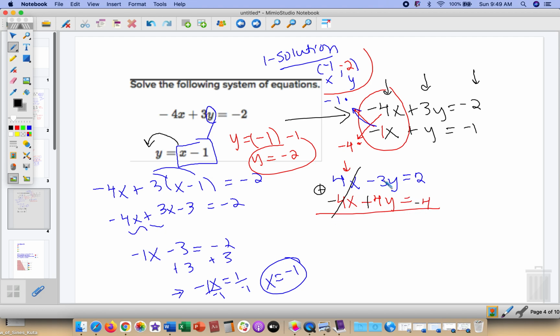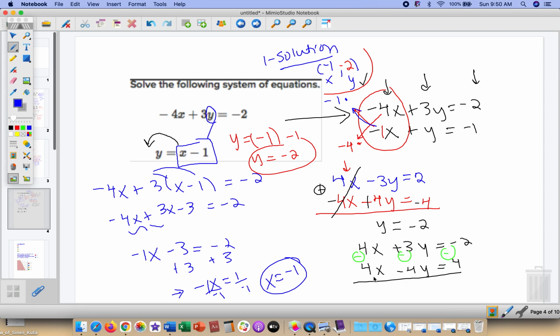So 4x minus 4x is gone. Negative 3y plus 4y is y. 2 minus 4 is negative 2. And that's what we got over here for the y coordinate. Or, if it was set up as 4x plus 3y equals negative 2 on top, and on bottom 4x minus 4y is equal to positive 4, and you chose to subtract to eliminate, you'd have to go across and subtract all terms.